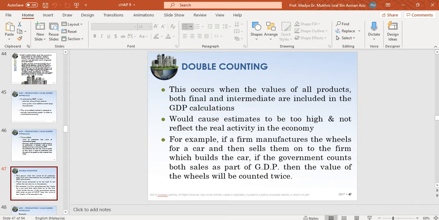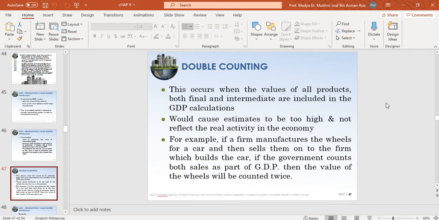You will see this concept in the past year questions that I will show later in this video, and we will discuss the answers tomorrow, on the issue of intermediate goods or double counting in the production method.